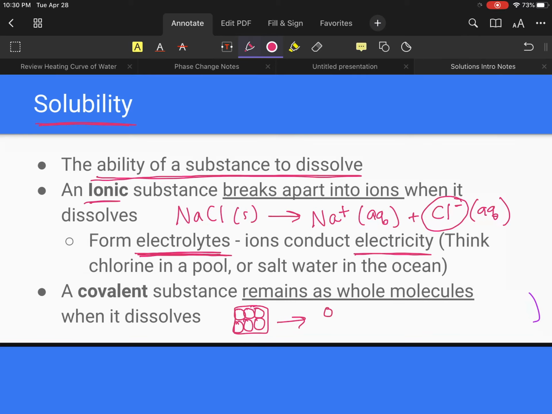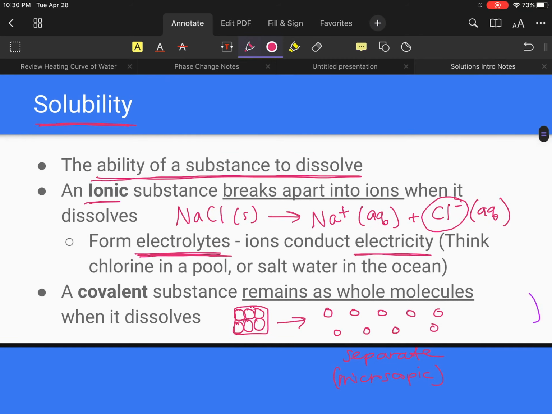When it dissolves, those sugar molecules separate out into tiny microscopic particles that we can't see with our eyes. So it looks like it disappears, or like it's broken down into smaller particles, but it's still a sugar molecule. It's just now individual molecules, or maybe one or two together, as opposed to millions or billions of molecules where we can actually see it.